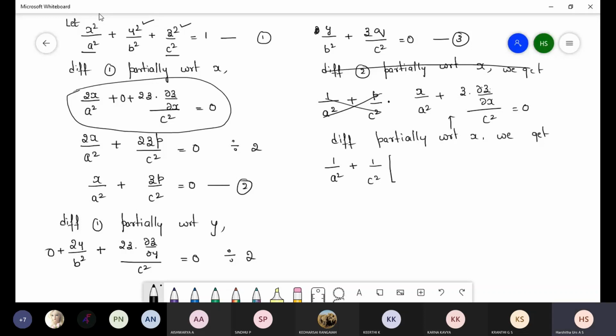First I write differentiation of z, that is dou z by dou x, and the other dou z by dou x I will write as it is, plus z as it is, into dou by dou x of dou z by dou x, whole into 0. Any doubt in this step?